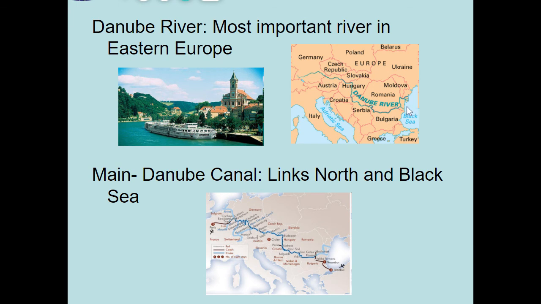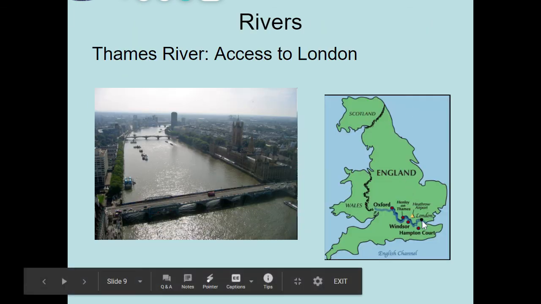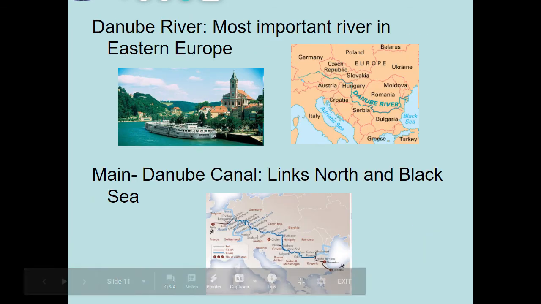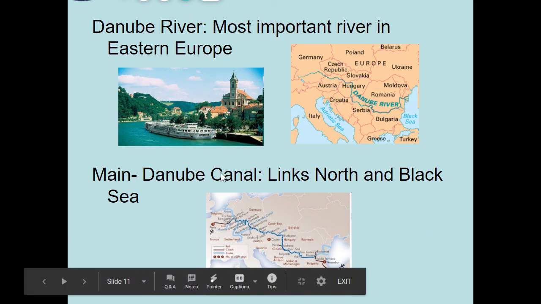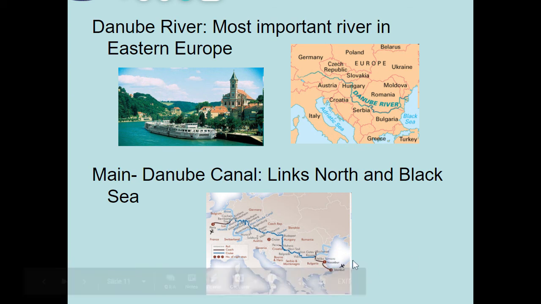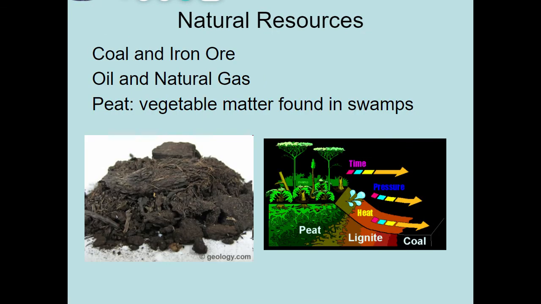So hypothetically, you can get on a boat in London and sail down the Rhine, down the Danube, through the Main-Danube Canal, into the Black Sea, and then into the Middle East or Asia. Okay, so very important trade route, and very important for shipping and transportation.